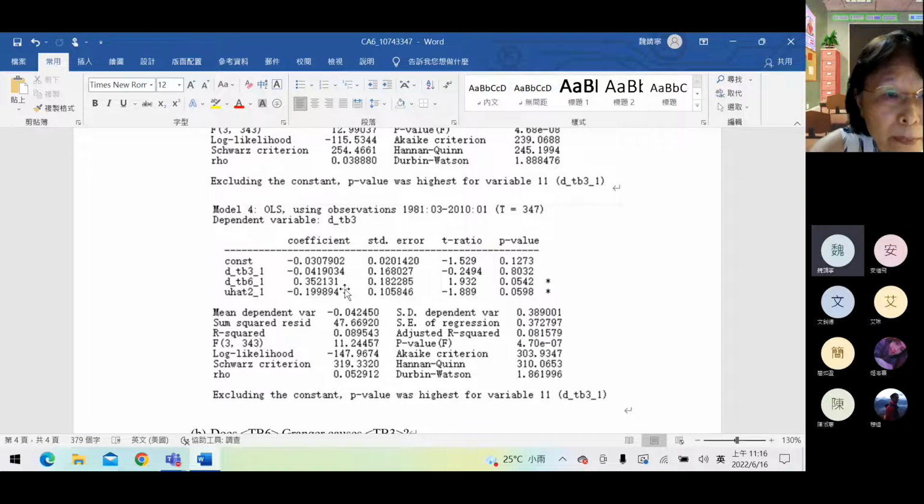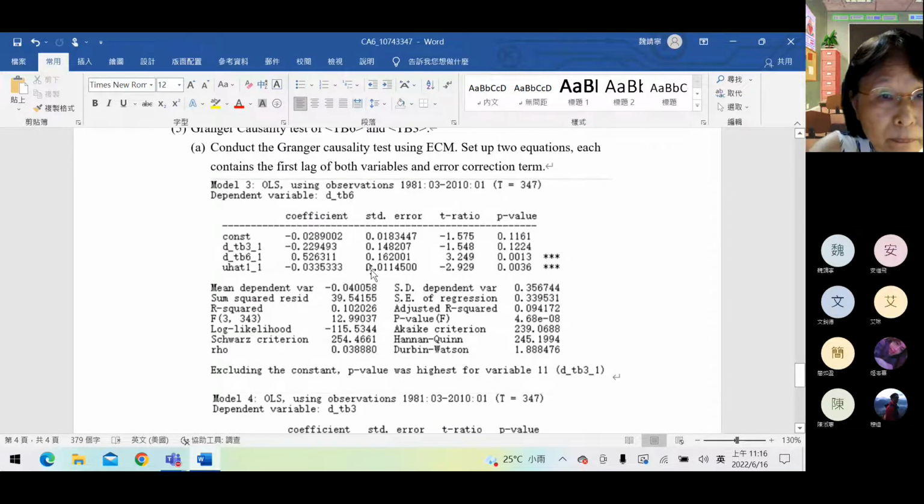For the upper one, with the difference of TB6 as the dependent variable, you do have the difference of the lag of TB3. It's not significant, right?